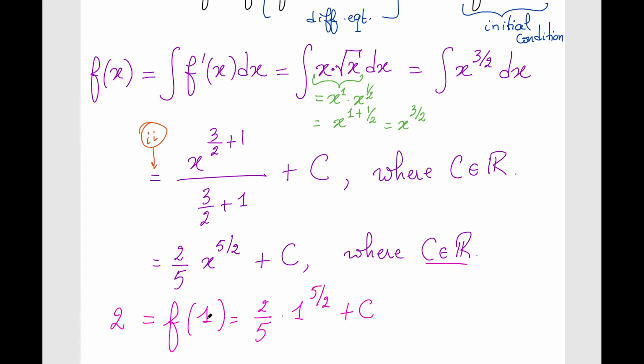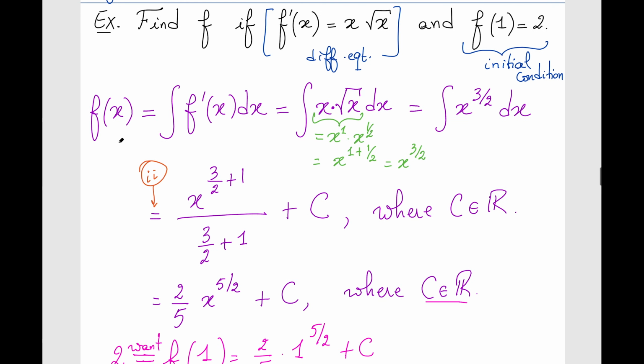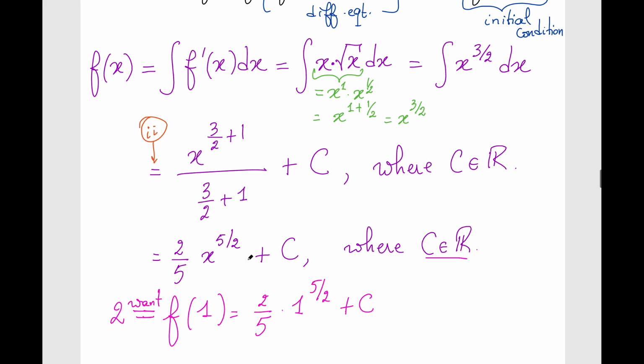F of 1, they want to be 2. This is what they want. Correct? On the other hand, any function that solves this differential equation looks like this. Remember, this family of functions that solve the differential equation are all very much the same, but they're vertical shifts of one another.